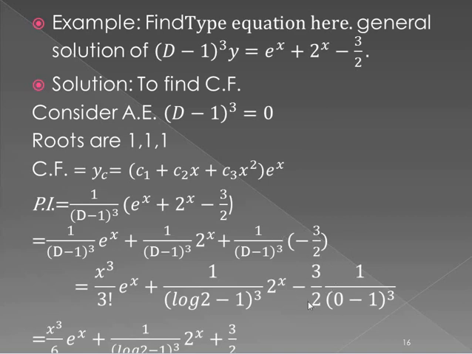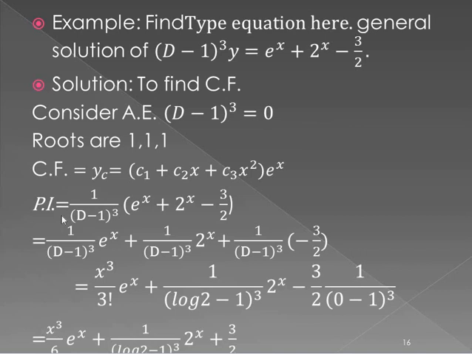So if a constant appears, then yp is equal to k into 1 upon phi of 0. So put here the value of d as 0. So minus 3 by 2 is a constant term kept outside here, minus 3 by 2 times 1 upon phi of 0. So put the value of d as 0. So 0 minus 1, bracket cube. So minus 1 cube is minus 1, minus minus plus becomes plus here.